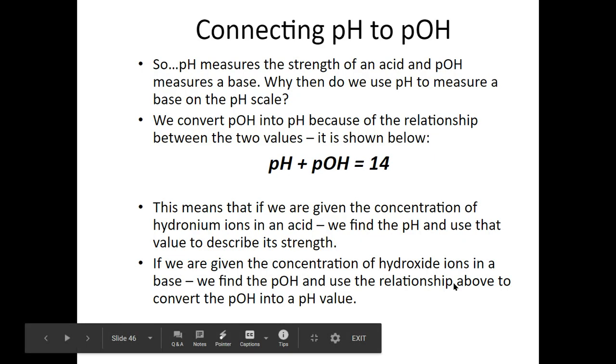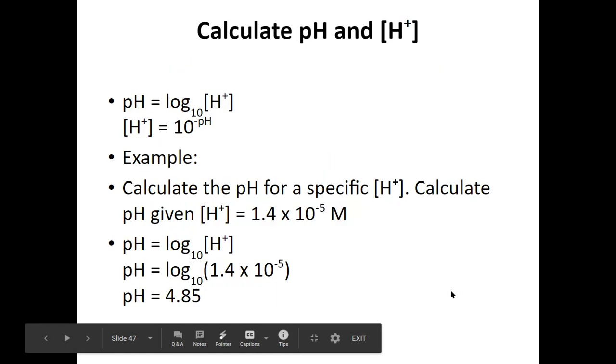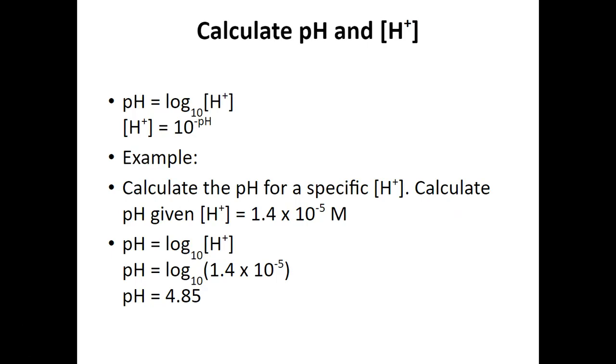If we're given the concentration of hydroxide ions in a base, we can find the pOH and use the relationship above to convert the pOH into a pH value. I have some of this going on in the notes there, and you're just using calculation. I have equations right there, so if I'm doing this on a content quiz, the equations are going to be there. I'm not doing the memorization on this one.